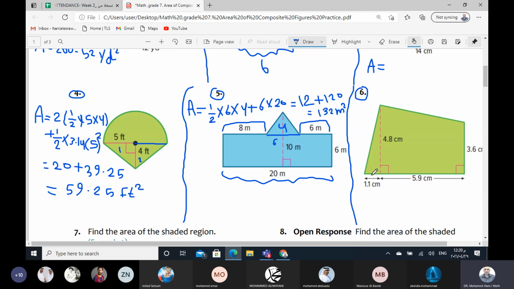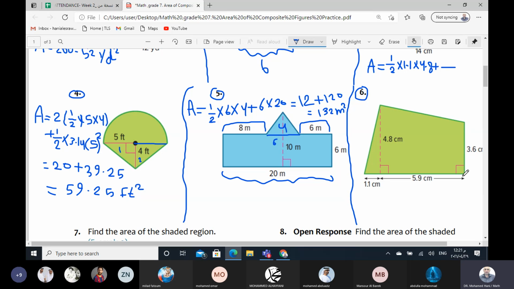the area of the triangle will be 1 over 2 multiplied by the base. As you see, the base will be 1.1. Multiplied by the height will be 4.8. Plus the area of the trapezoid. Base 1 plus base 2 times the length times 1 over 2.